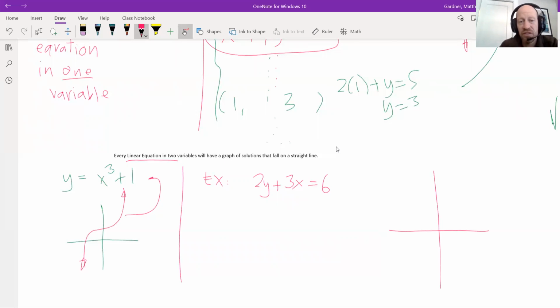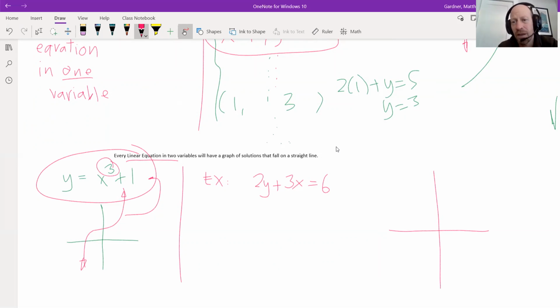We know this is a linear equation. Do you guys see how this is linear compared to this one over here, right? That one's not linear because of the x cubed. This is linear, so its graph is going to be a line. So if I knew what two of the solutions were here, I would actually know what the line is, right? Because if I have 2 points, there's only one line that goes between those 2 points.